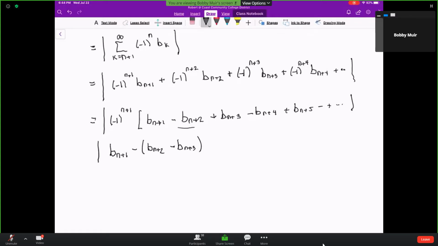So what I did is I grouped these guys and I factored a negative out. Now I'm going to do the same thing for the next pair: b sub n plus 4, minus b sub n plus 5, minus ... Okay, so now I did something even more sketchy.